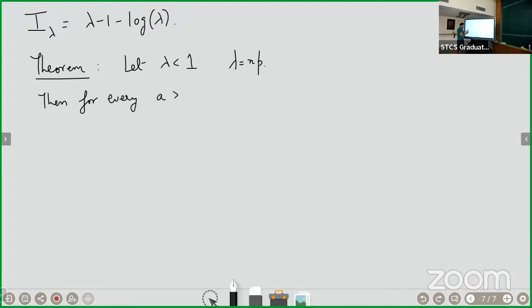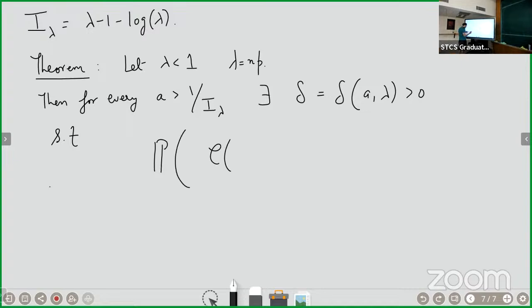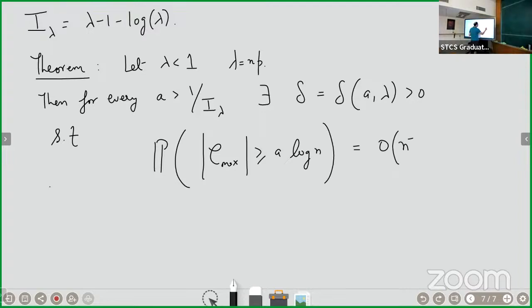For every a greater than 1, I lambda is defined, and there exists a delta, which is a function of a and lambda, greater than 0. Let's call it C max, the connected component.